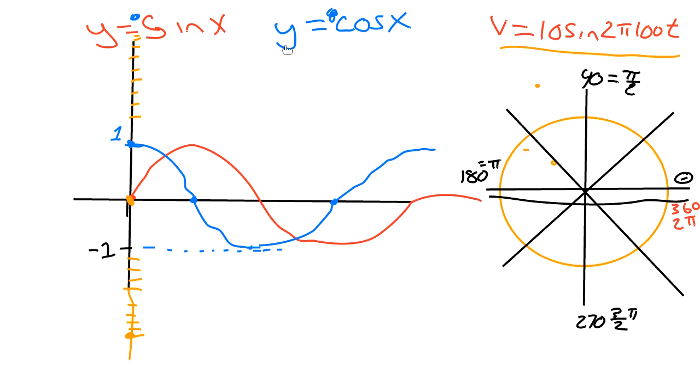In this case, I think I can erase this, or I will actually try to draw it and superimpose it over this so you can get an idea. So we want to draw 10 sine 2 pi 100 t.